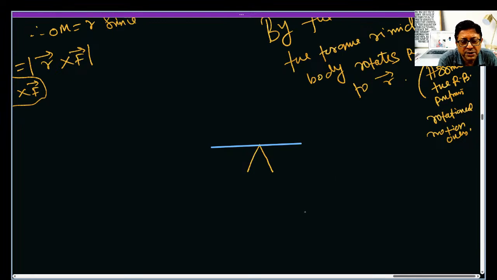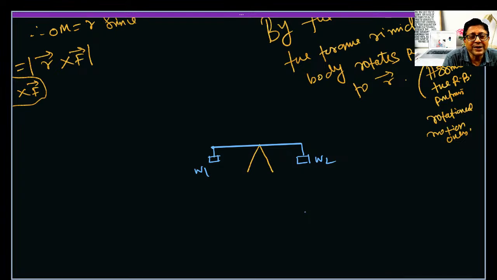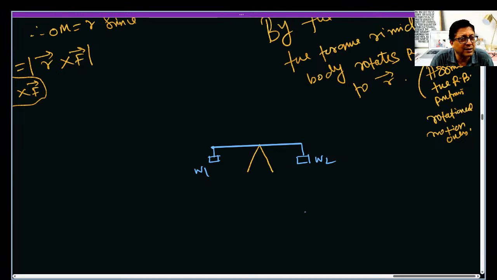On this rod, you are applying two loads, load W1 here and load W2 here. This is the pivot. Okay? Can you make this rod balanced over there? If W1 and W2 are the same, then the pivot must be acting at the midpoint.